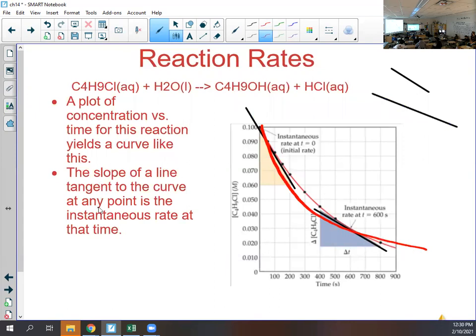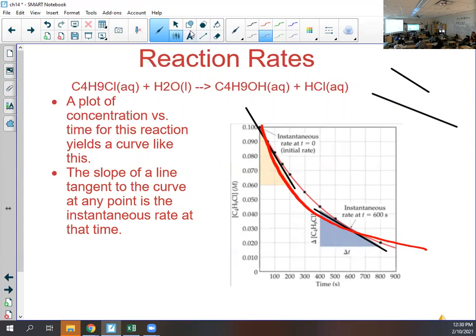The slope of a line tangent to the curve at any point is the instantaneous rate at that time. We don't need any calculus for this, but yes, calculus is finding this stuff. Raise your hands if you've found a tangent line before. Okay, well, you don't have to. You just need to know what it is.